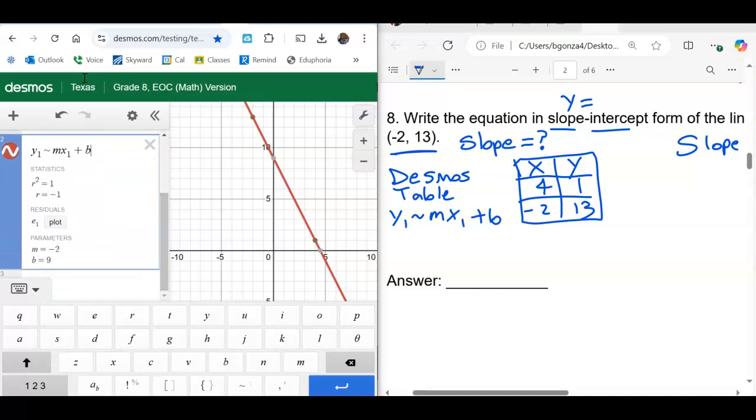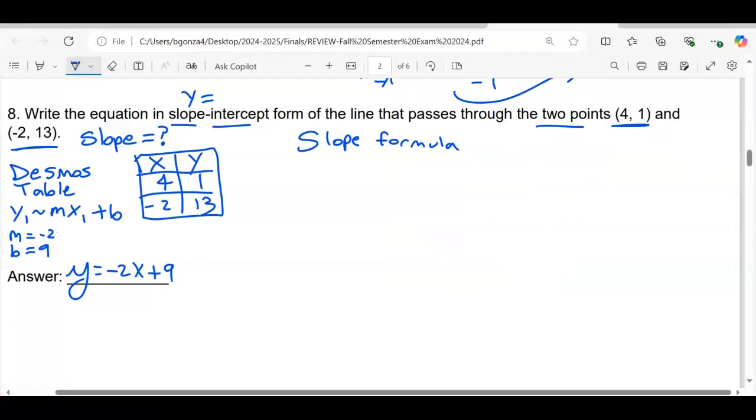Hey, there's -2 and 9 as my m and my b. Well, if I know m and b, I can write y equals mx plus b, -2x plus 9. That's it. That's the easy way. I suggest doing it that way. Let me show you the long way.